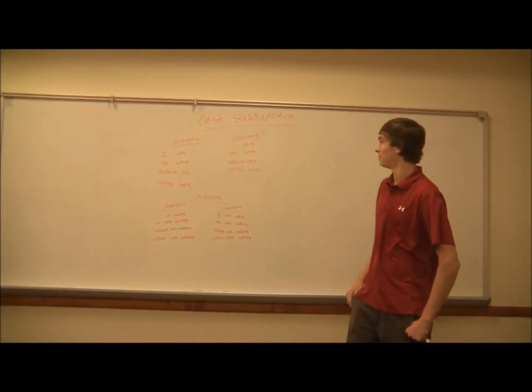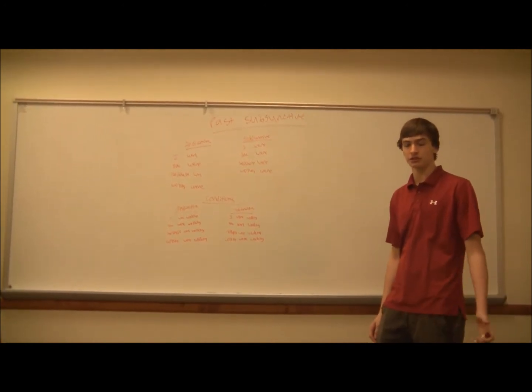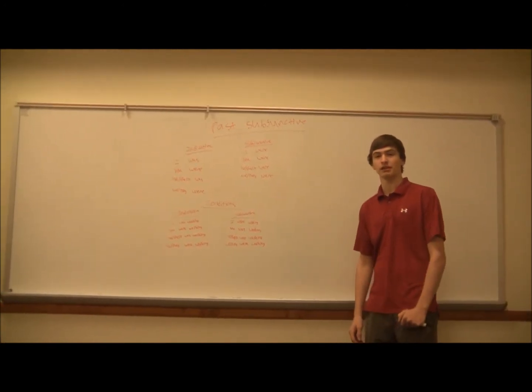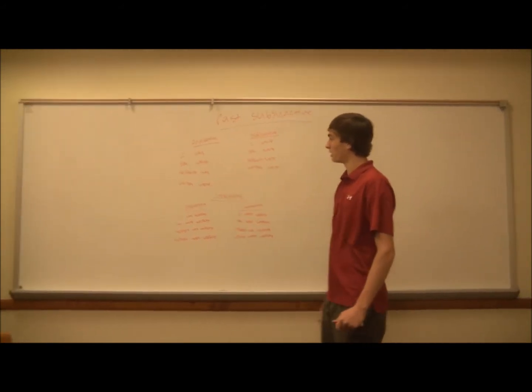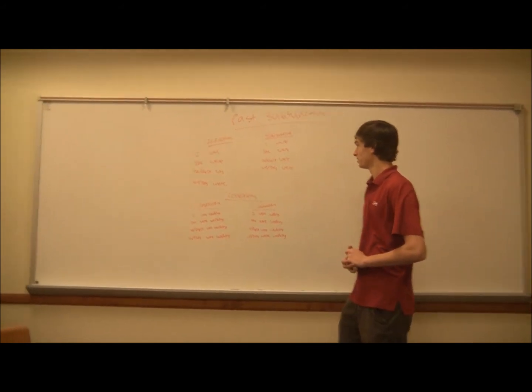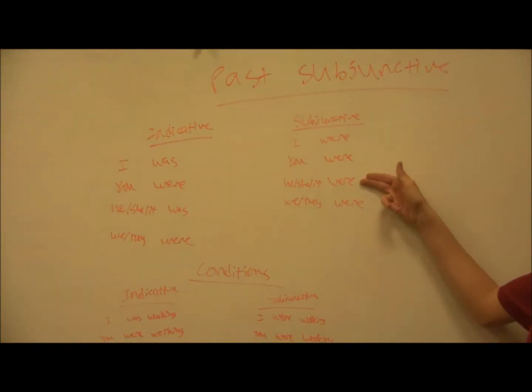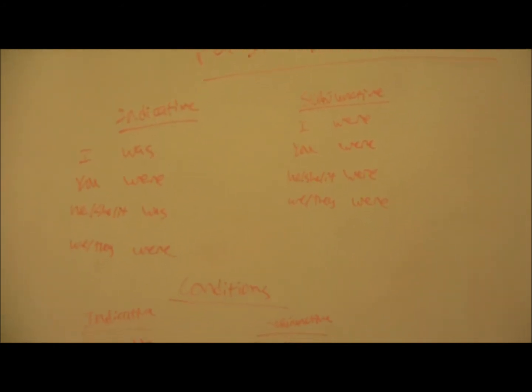So these are verbs in the past subjunctive mood, and the past subjunctive mood is usually used for wishes or in hypothetical situations. In the indicative, it's I was, you were, he, she, or it was, and we or they were. And again, the only change is in the he, she, or it category: I were, you were, he, she, or it were, and we or they were.